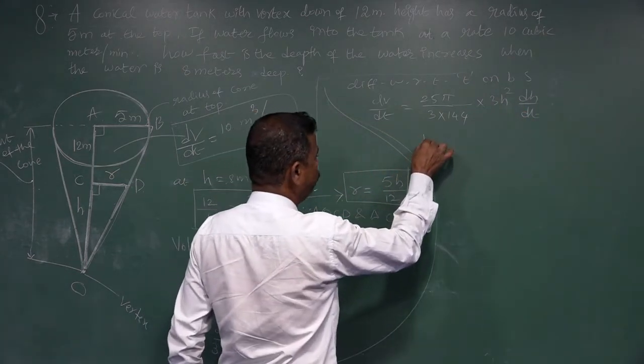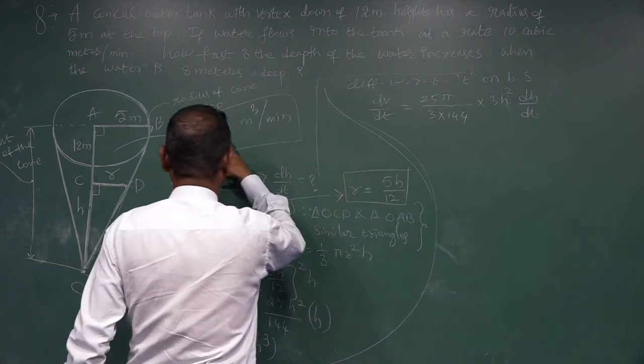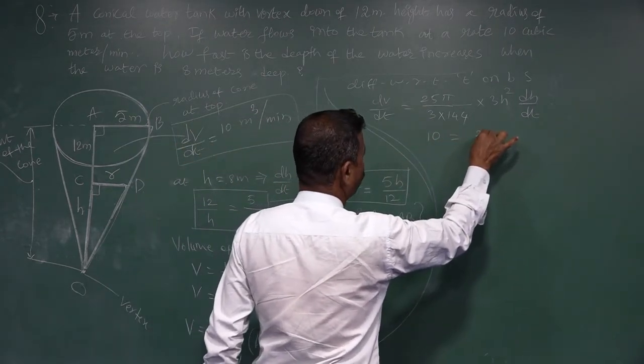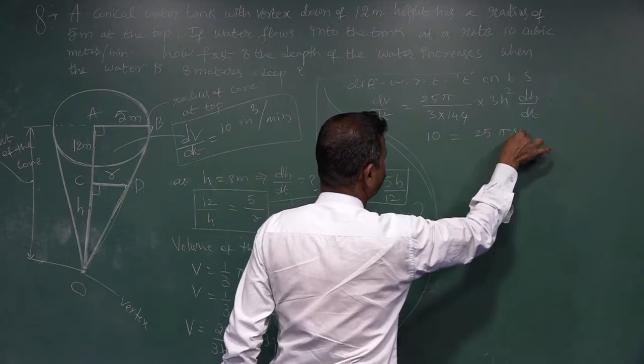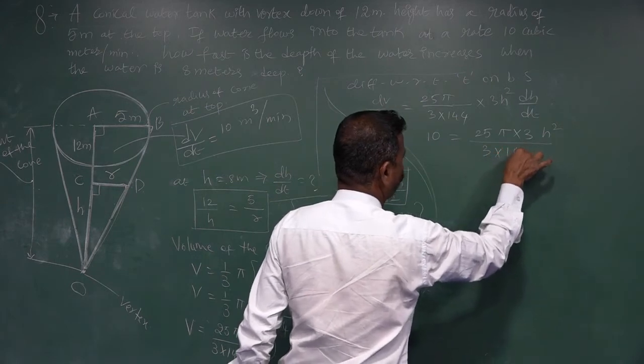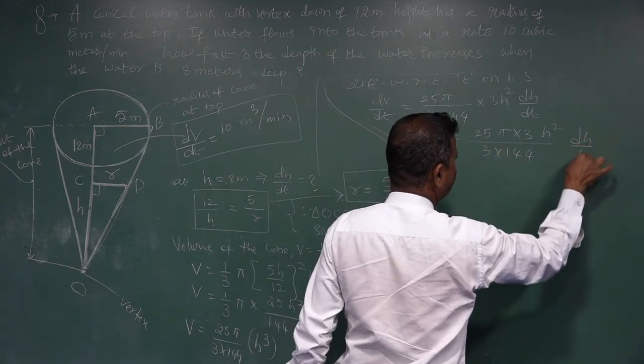Next, dV by dt is given as 10 meter cube per minute, so 10 is equal to 25 pi into 3 h square by 3 into 144, into dh by dt.